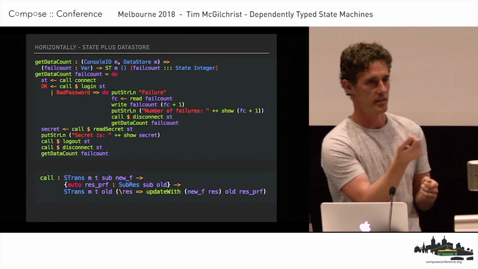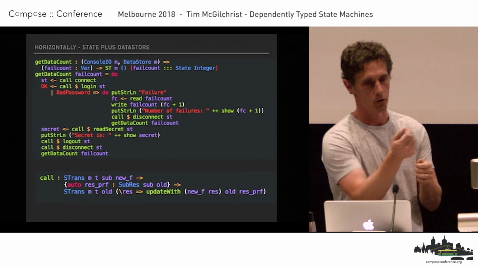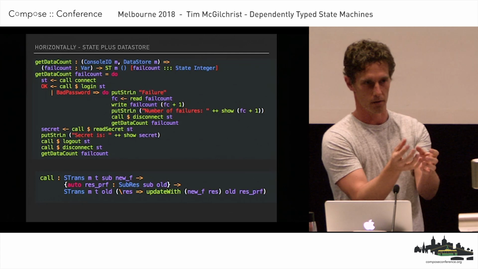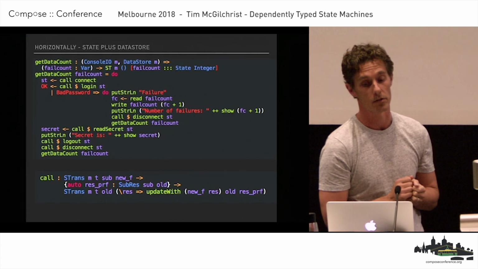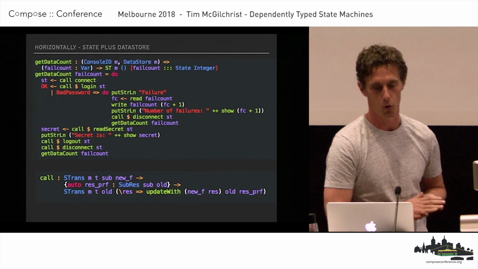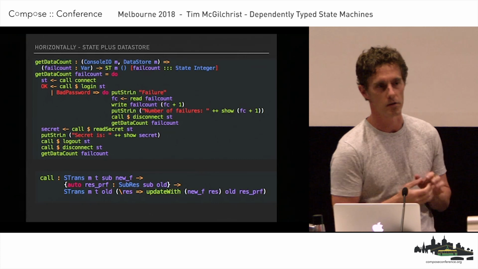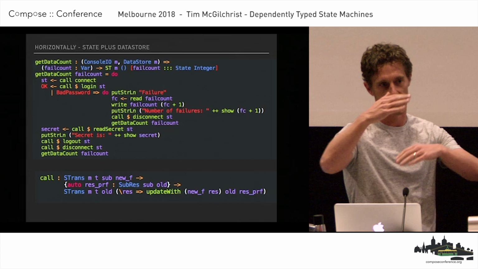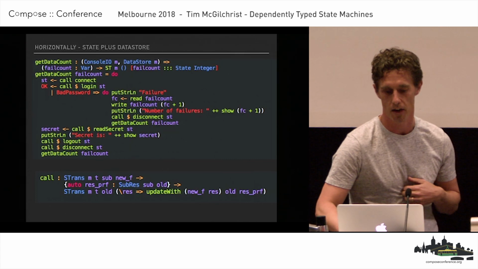So connect only takes the data store. It doesn't take the fail count. So call lets us get a subset of the resources and just pass the ones we need into the correct functions. You can get rid of call using an implicit that will line up the types and the functions depending on what data they take.